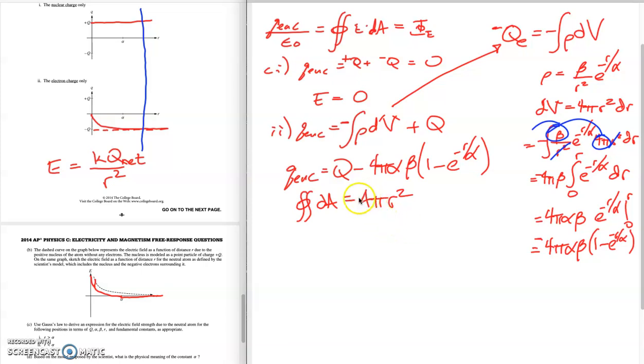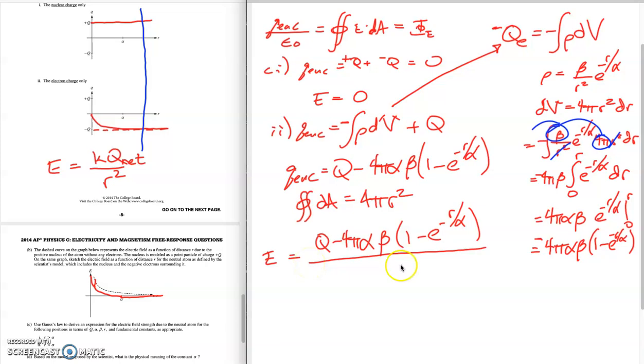And when we substitute these back into Gauss's law up top here and solve for E, doing a little bit of algebra, we're going to have Q enclosed divided by epsilon naught divided by the area. So Q minus 4 pi alpha beta times 1 minus e to the minus r over alpha, all over 4 pi epsilon naught r squared. And remember that r squared is from the area.